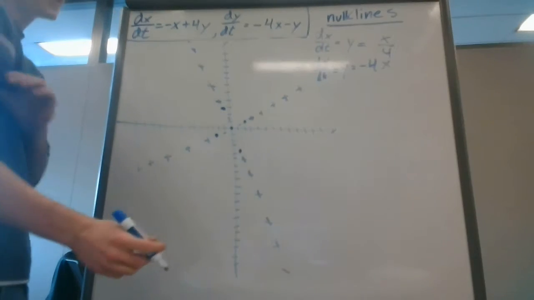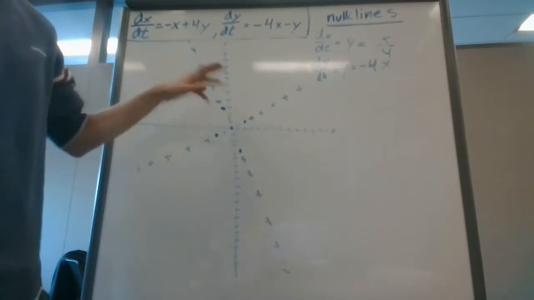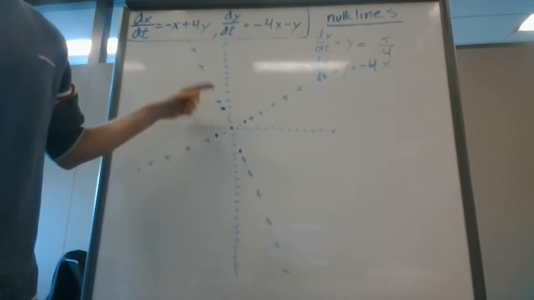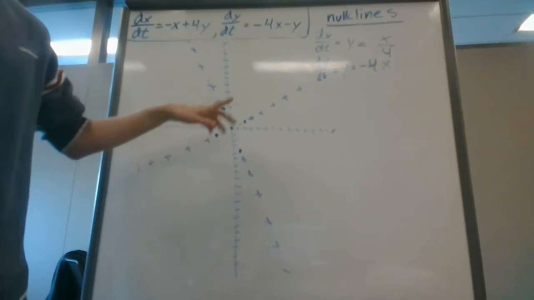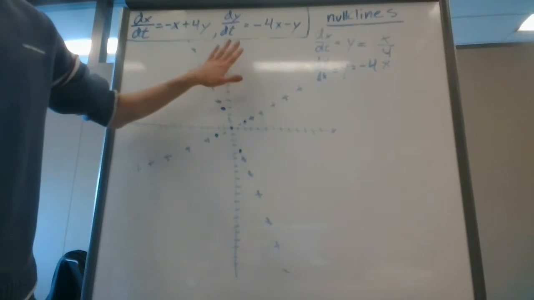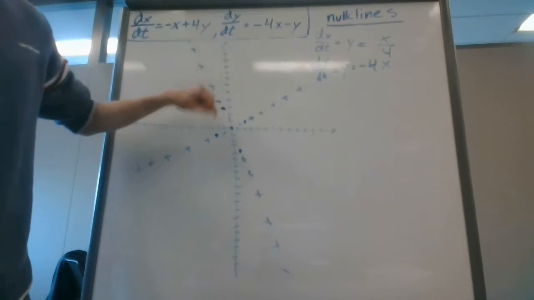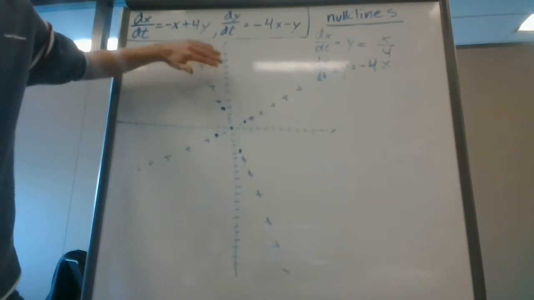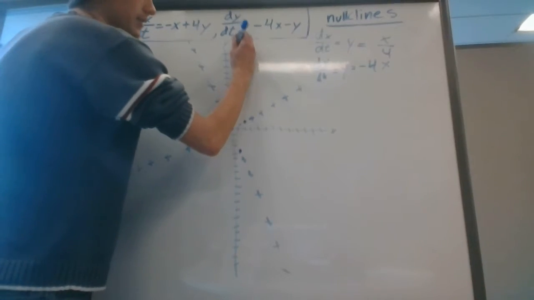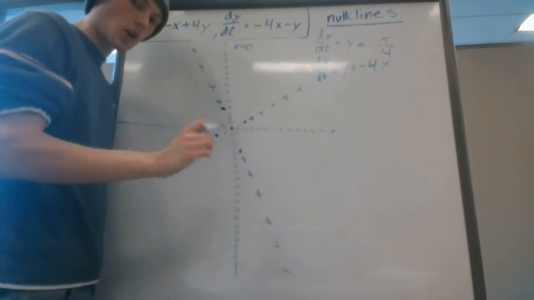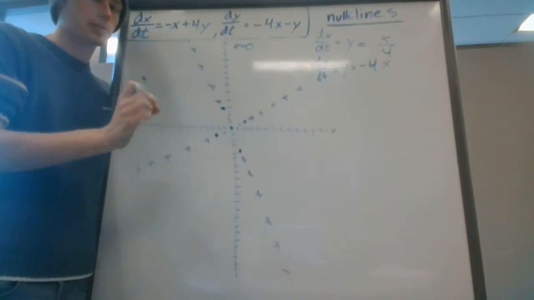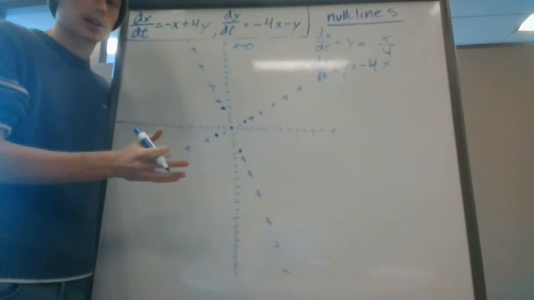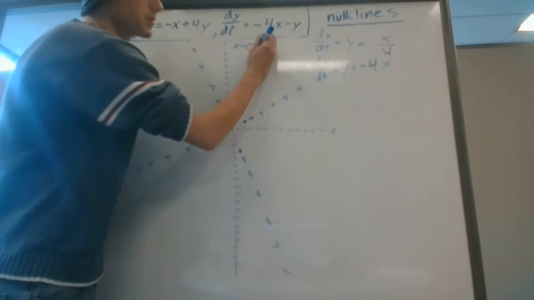Okay, so we can kind of infer what the graph is going to look like already by the null lines. But just to be safe, I want to find out the derivative at x equals 0 on the positive y side. We don't exactly know where it crosses on the y-axis, but we do know that it's going to be positive somewhere here, so we're just going to have a positive number for y. So y equals a positive number.